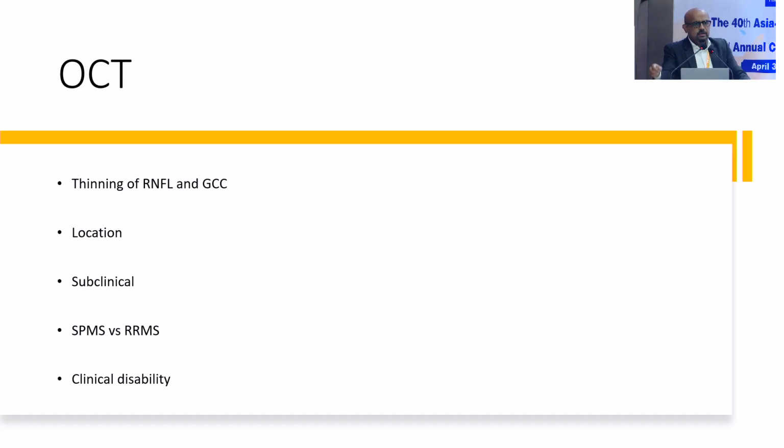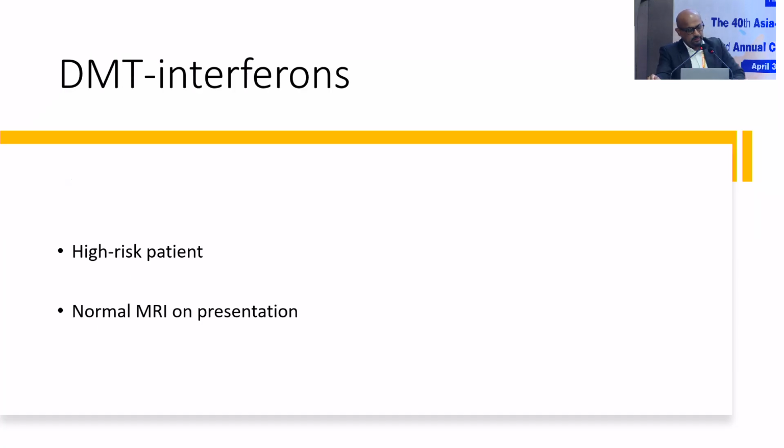Similarly, there have been papers which have said that OCT can be used as a prognosticating factor for future clinical disability. To my mind, I don't think it is mature enough to use in a clinical setting, but maybe something that we can look at more closely.